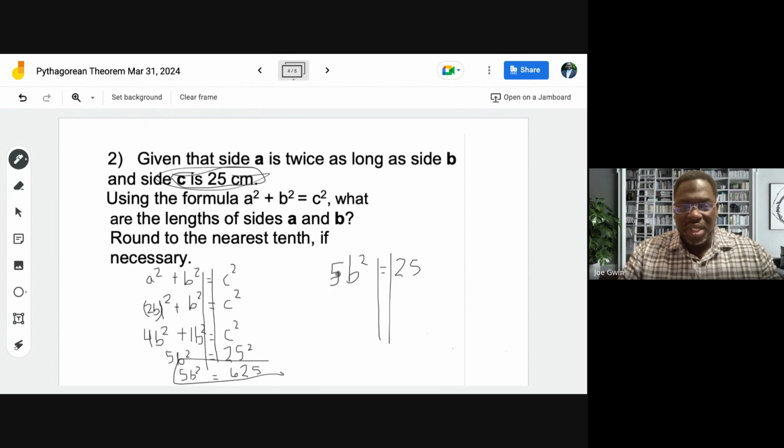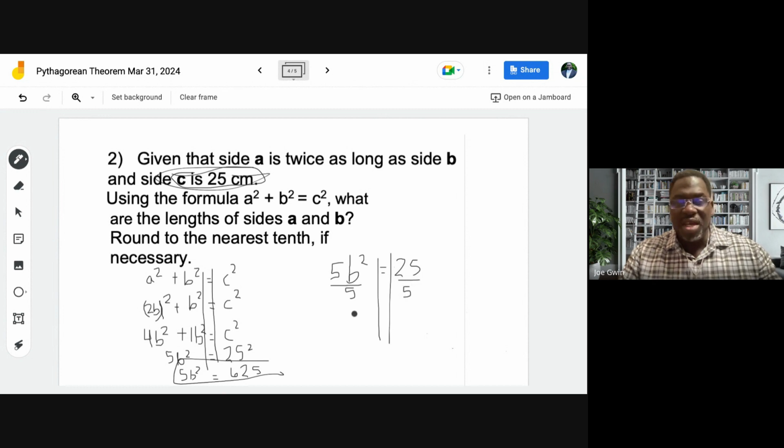Then eventually we're going to have to get rid of this squared. In order to get rid of times 5, we have to divide by 5. We do that on both sides to keep it balanced.